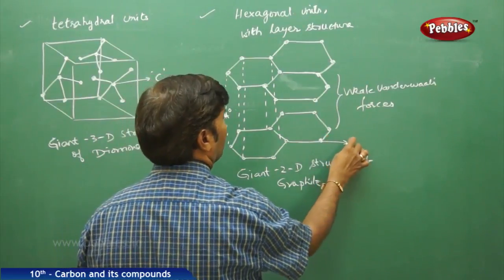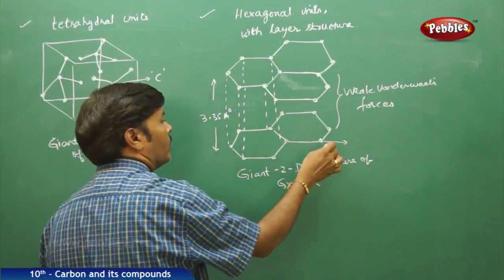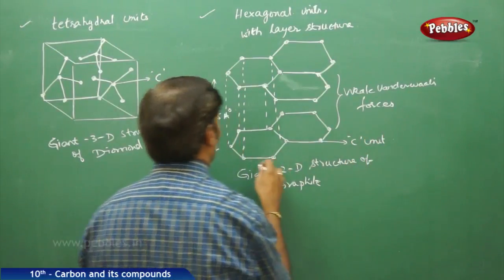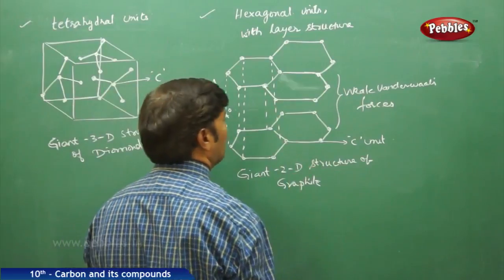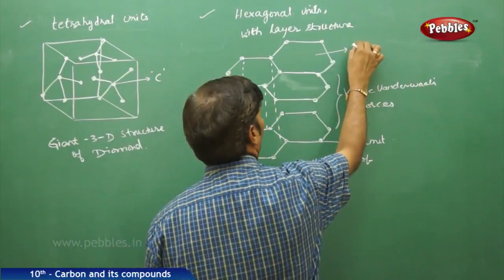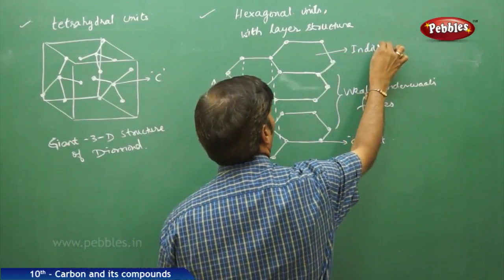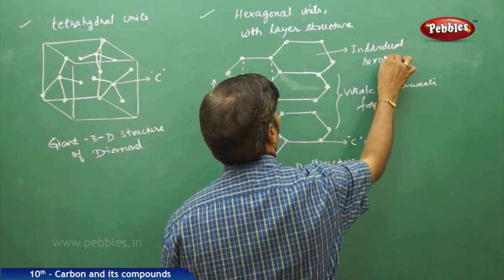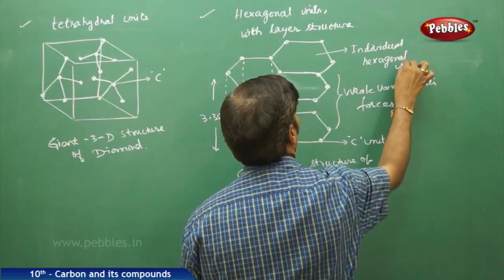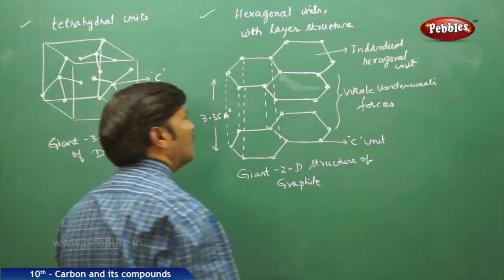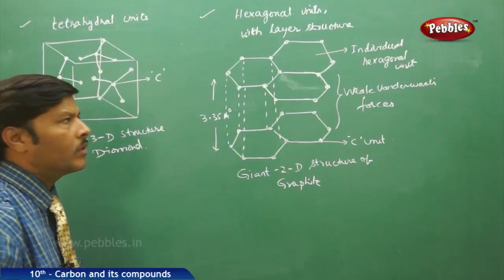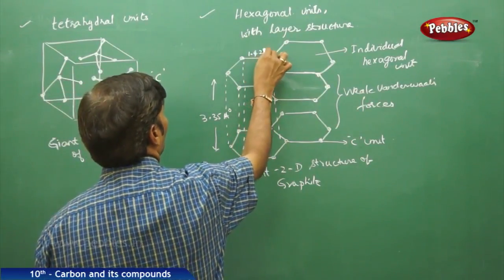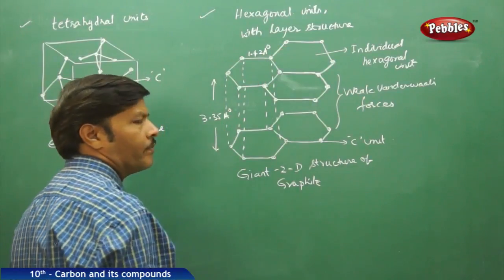Each dot in the hexagonal unit represents a carbon, and this is the individual hexagonal unit, and the distance between the two carbons is around 1.42 angstroms.